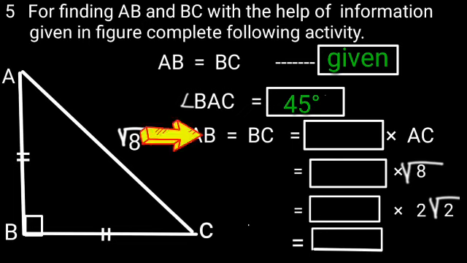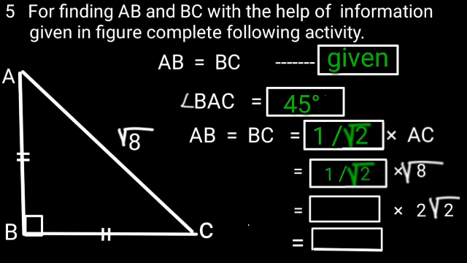Hence AC is the hypotenuse. In this box, 1 upon under root 2. In the next step, in the box, the answer is also 1 upon under root 2.